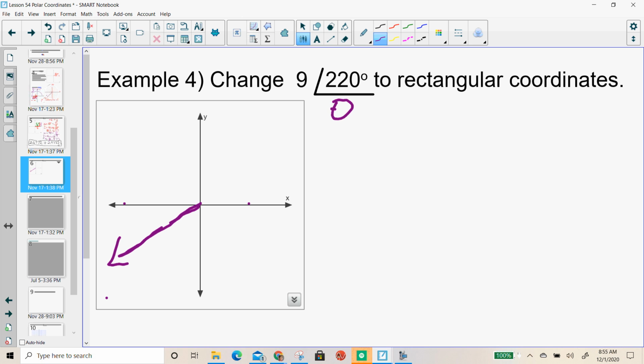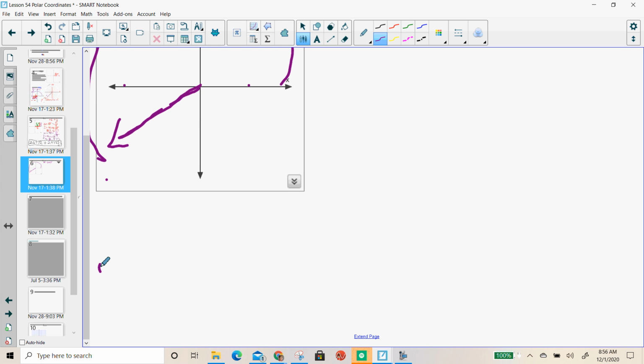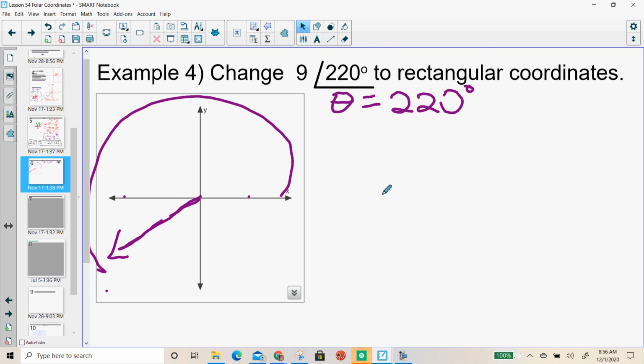So my theta was 220 because that's the whole thing, always going from here all the way around. Sorry about that. And I can go ahead and label it. Now what I need, though, is a reference triangle that's going to be between 0 and 90 degrees.